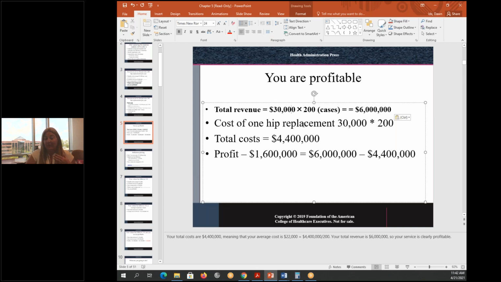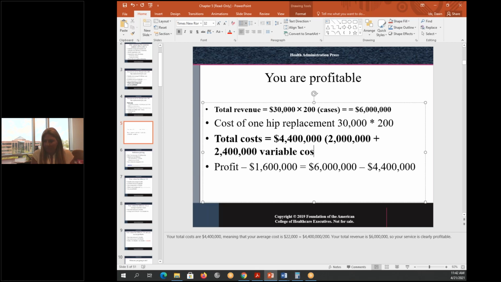So hey, when you first look at that, you're thinking, hey, that looks like a lot of money, huh? All right, but we have to remember that we had a lot of costs, right? Our total costs were $4,400,000. That included the $2 million worth of overhead, plus the $2,400,000 that was variable costs. That was our total variable costs.